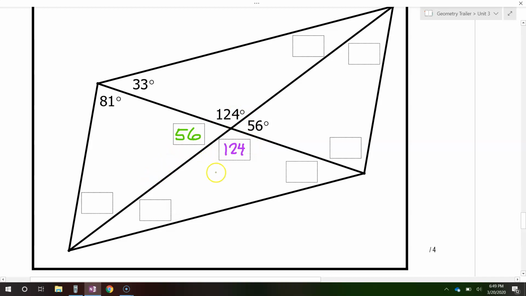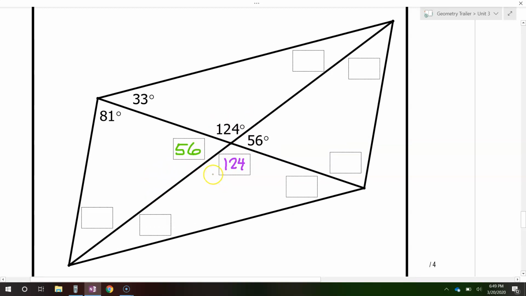What's next? Let's use the idea that the sum of the angles in a triangle always adds up to 180. I have this angle, and all I'm missing is the third angle. So these three have to add up to 180.